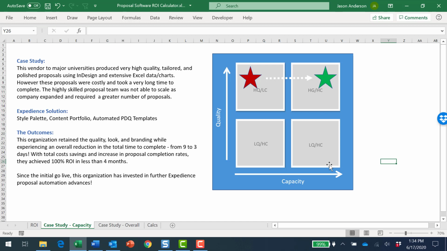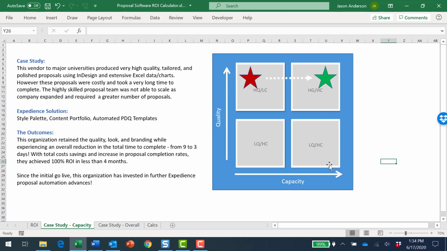They knew that because of the lag it took to make these beautiful documents, they were absolutely losing business, where their competitors could move more quickly with proposals and produce a response to that customer. So they had concerns when they went to Expedience.